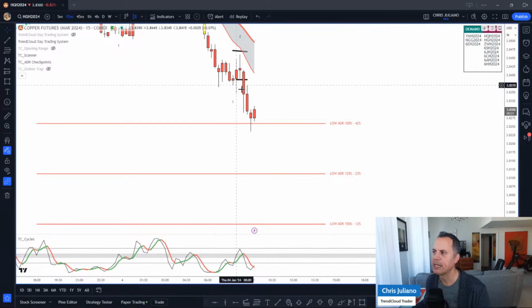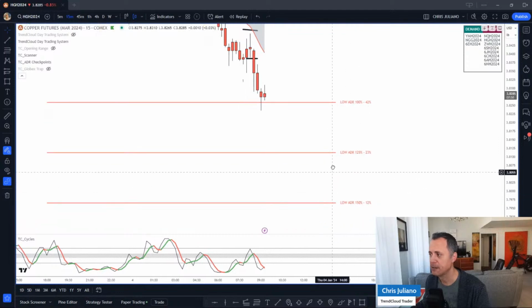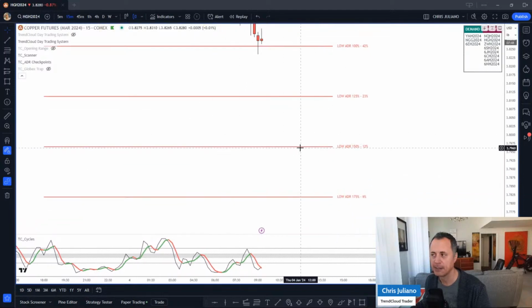This means it went 100% of its average daily range. So copper has hit its average daily range. 42% means it has a 42% chance of getting to the next line. This is 125% of the average daily range. It has a 23% chance of getting to this line.